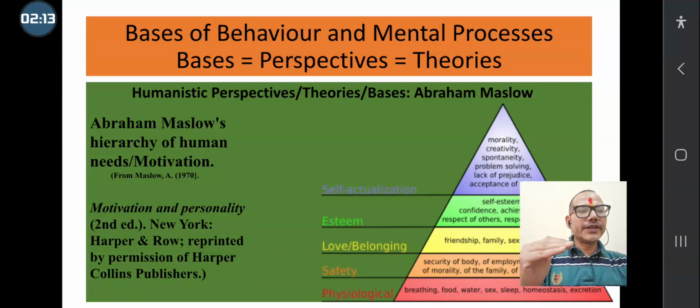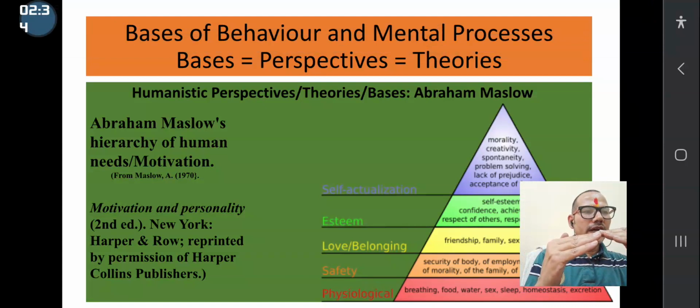Safety of the body, safety of employment, safety in terms of resources. See, whatever you have, the clothes, the food you have, you would like to protect it under a home. And the safety of morality, the safety of the family, safety of health. And if our safety is threatened, our behavior becomes changed.